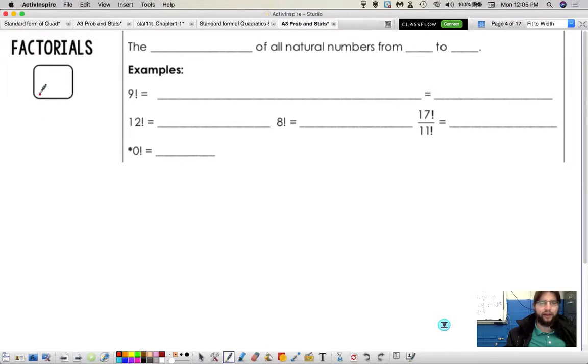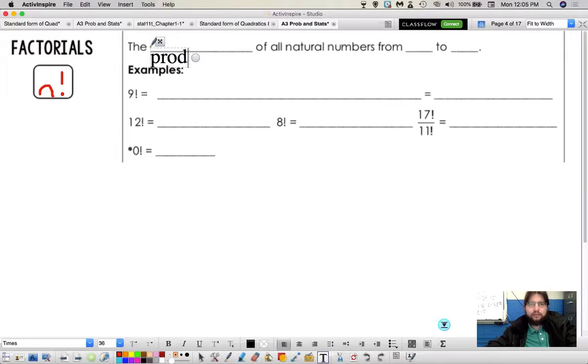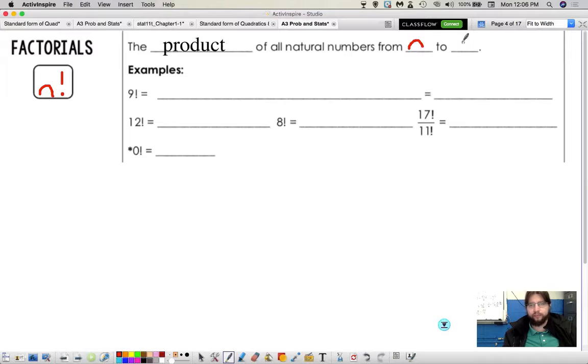Now we need to talk about the factorial symbol. So if we have n factorial, that's with the exclamation point, that's the product of all the natural numbers from n down to 1. So 9 factorial would be 9 times 8 times 7 times 6 times 5 times 4 times 3 times 2 times 1.